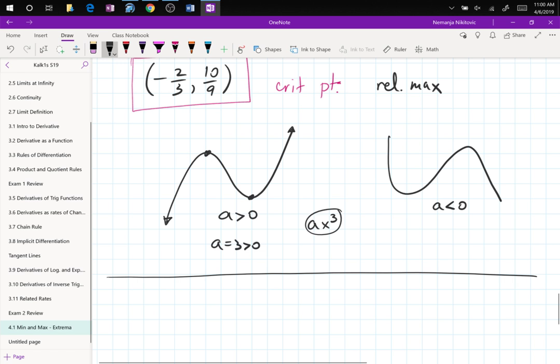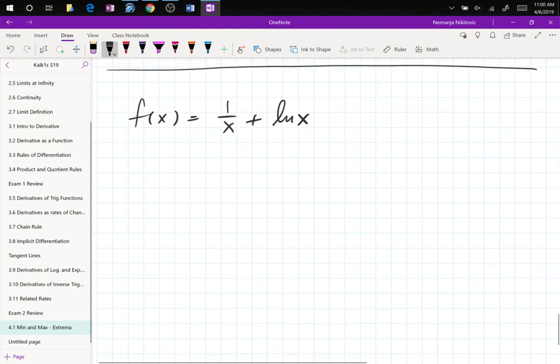Now let's see some of the more fun functions, like 1 over x plus ln x. So find the derivative, set it equal to 0.